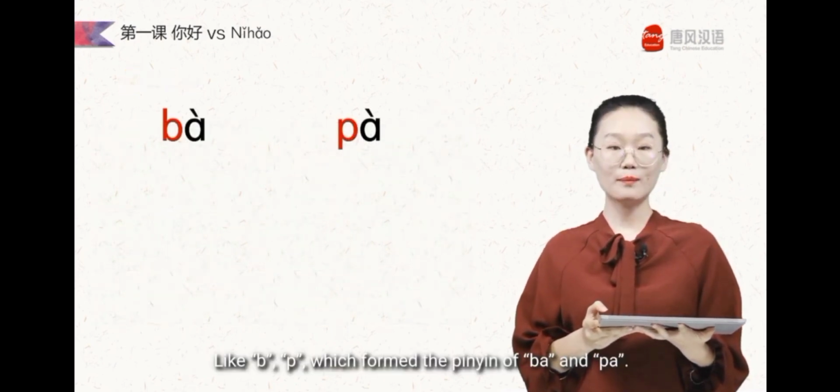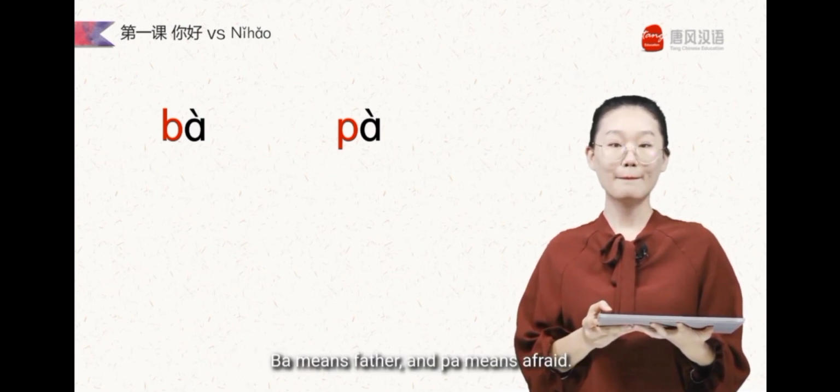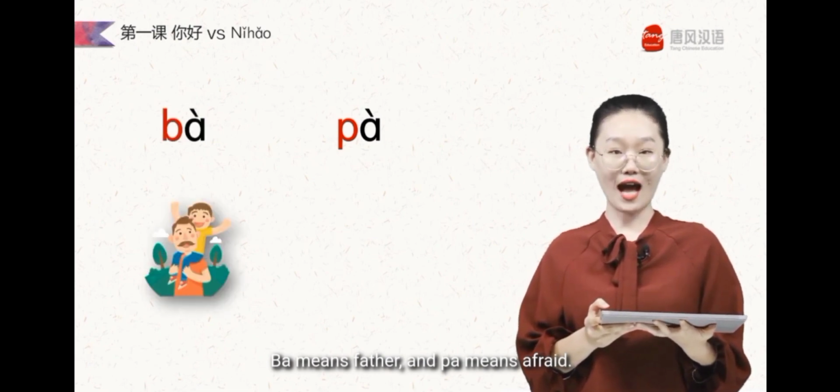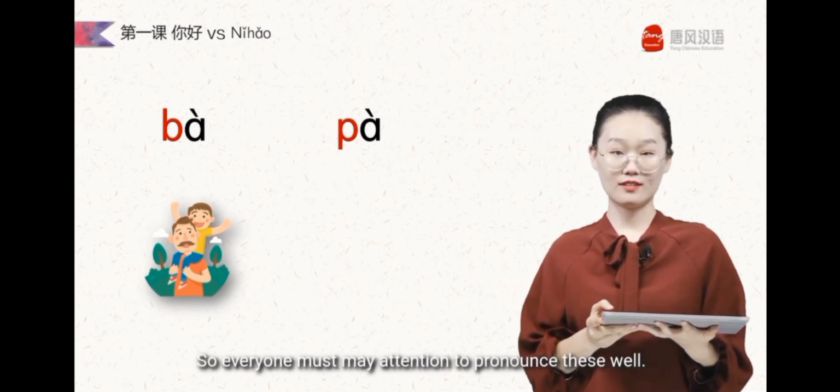Like bo, po, which form the pinyin of ba and pa. These two represent totally different things. Ba means father, and pa means afraid. So everyone must pay attention to pronounce these well.